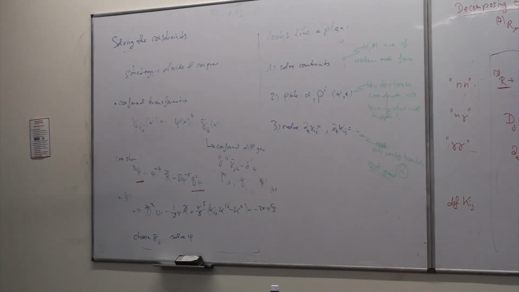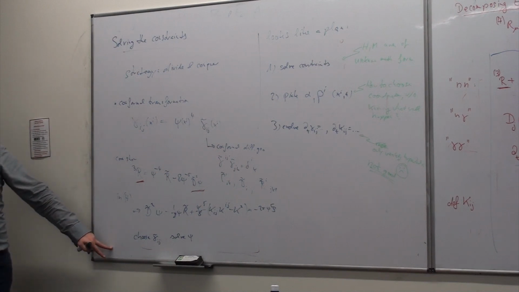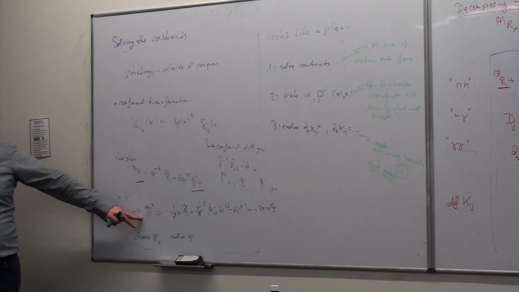So that way we have transformed the Hamiltonian constraint that we didn't know how to solve into something where we now have an algorithm to solve. We first pick a conformal metric, and then we have an elliptic equation, quite complicated but still an elliptic equation for psi, which we know from mathematical theory will have a unique solution.